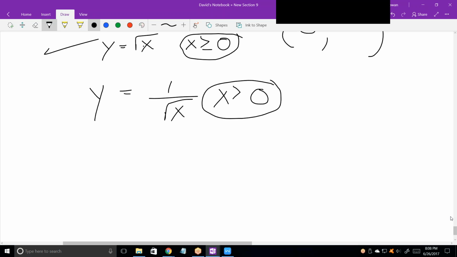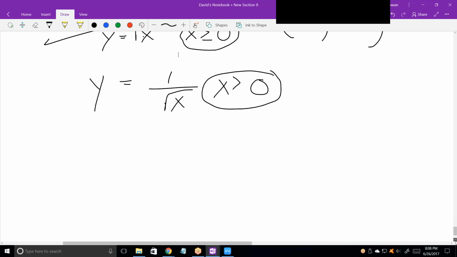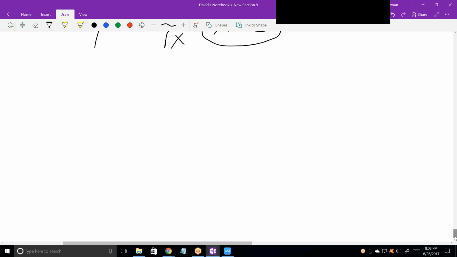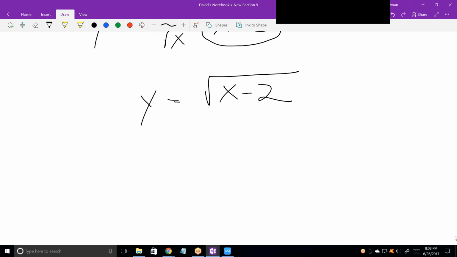Okay, let's keep going. More domain stuff. What can you say about what's inside the radical? You know what I mean when I say the radical sign, right? Yeah. Okay, so what's inside the radical is x minus 2.